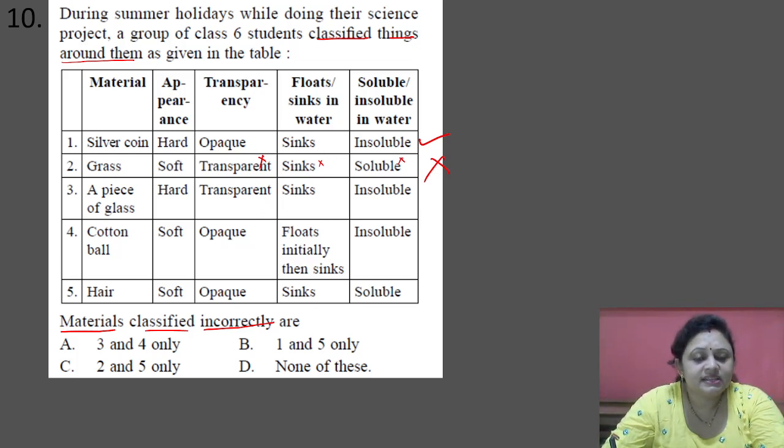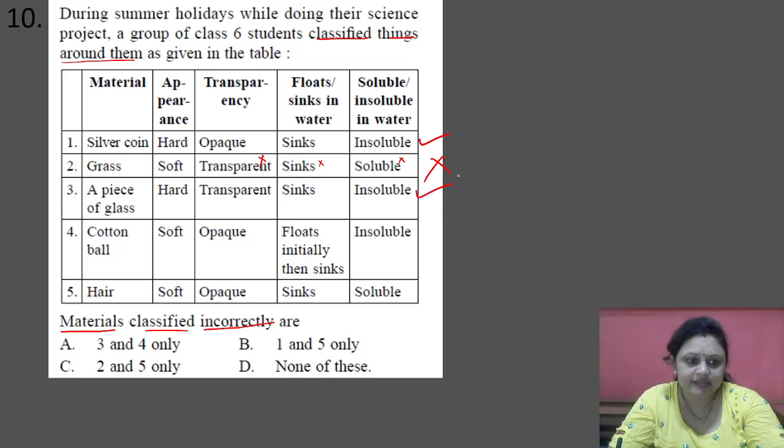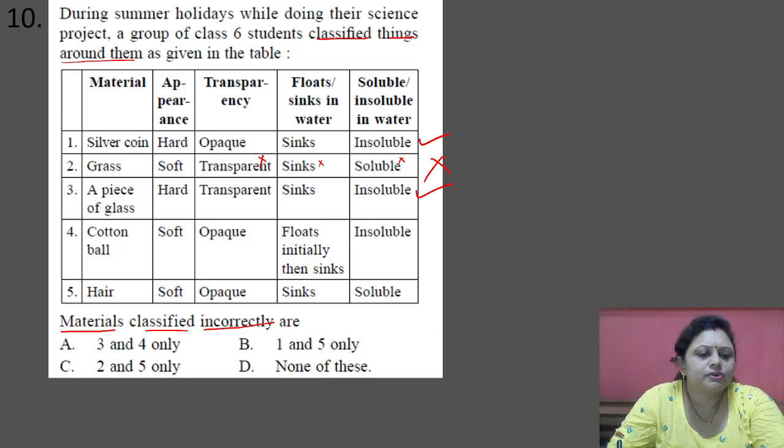Then a piece of glass. It is hard, it is transparent, it sinks in water and it is insoluble in water. Correct. Then cotton ball. It is soft and opaque, yes, light cannot pass through it. Then it floats initially, then sinks, and it is insoluble.